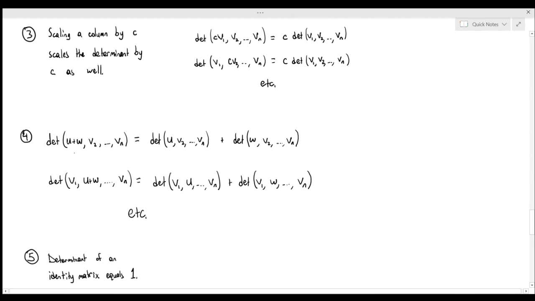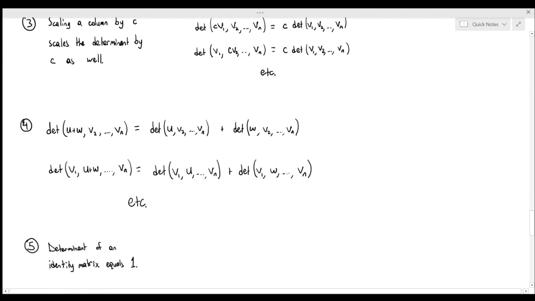And likewise, if I have the sum u plus w in the second column, I can also distribute that in a similar way. So do the determinant of v1, u, v3, and so forth, plus the determinant of v1, and then w, v3, and so forth, etc. Okay.